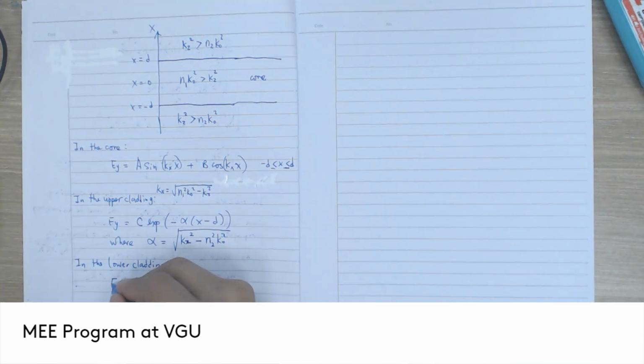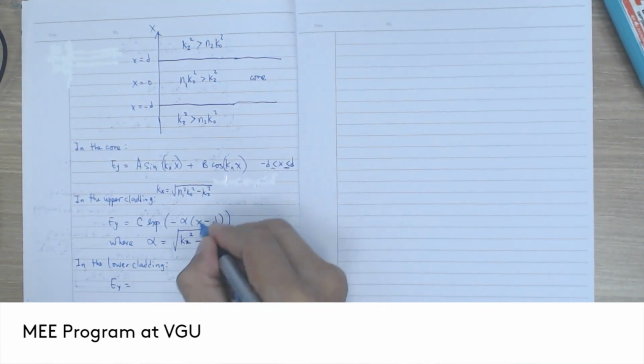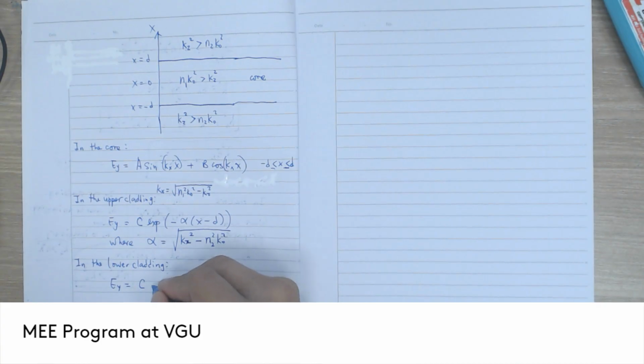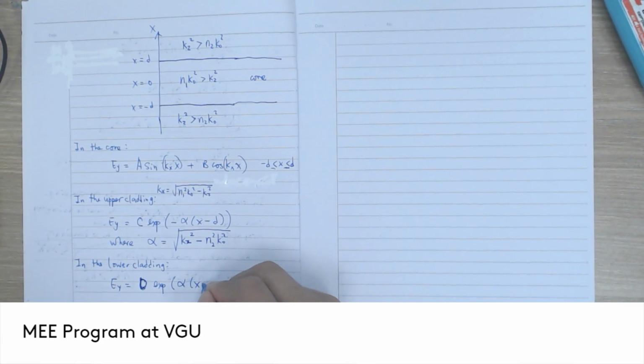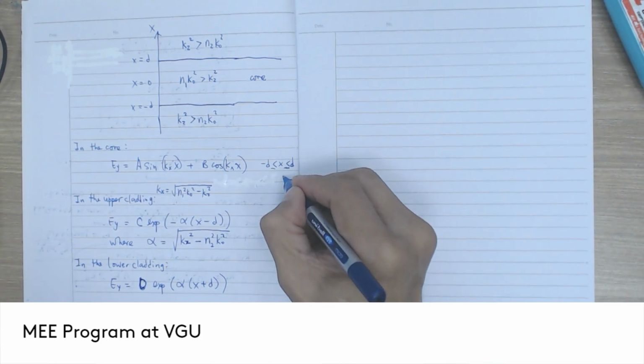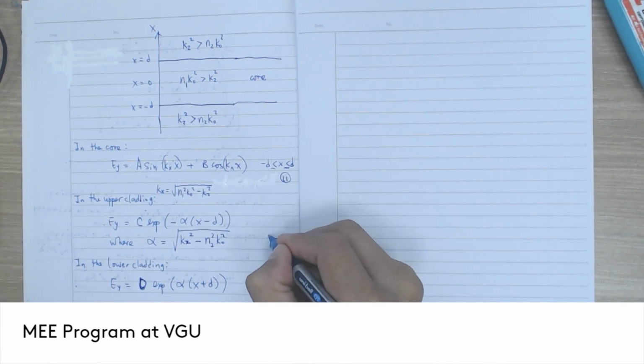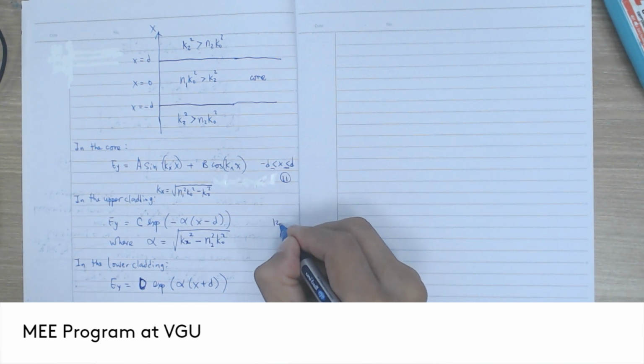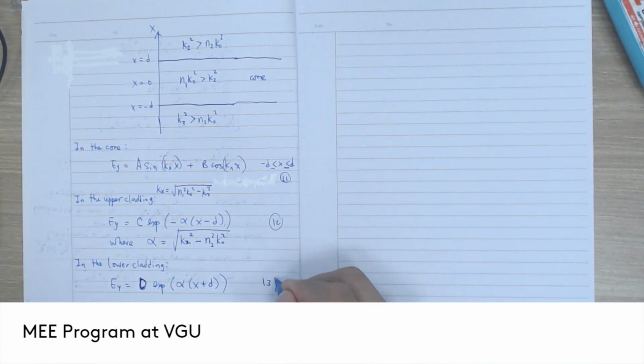So we just negate everything. We don't know the value d, so this is a very fair assumption. Say this is equation 11, this is equation 12, and this is equation 13.